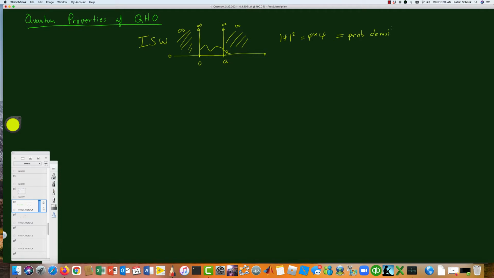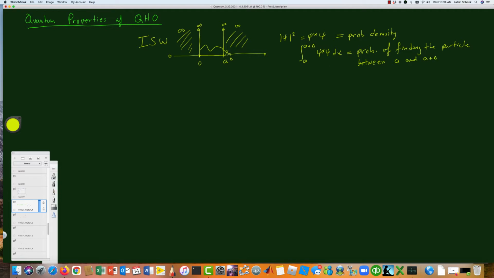So if you integrate this, let's say from a to a plus some delta, out to here, if you integrate this psi star psi dx, this would be the probability of finding the particle between a and a plus delta.